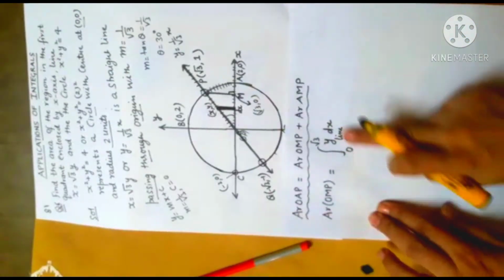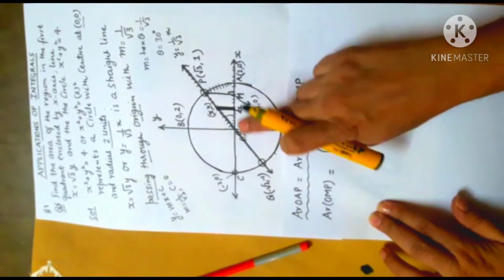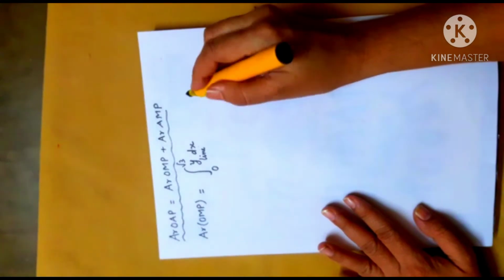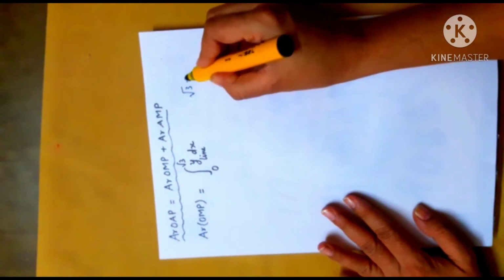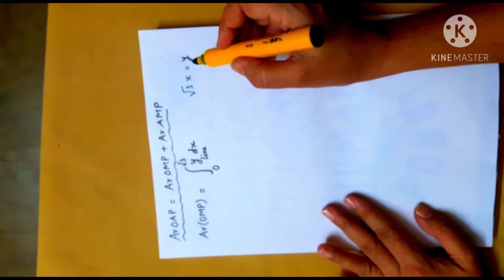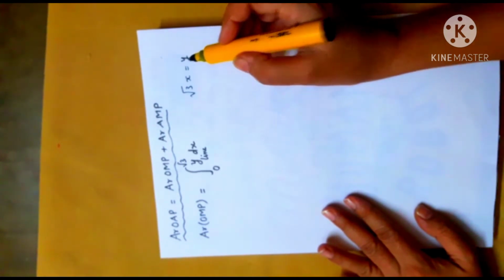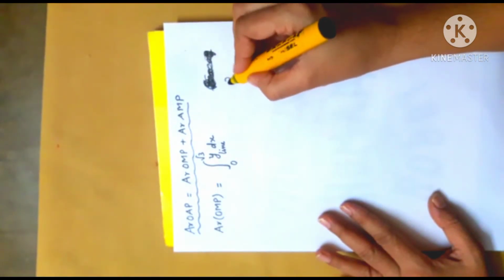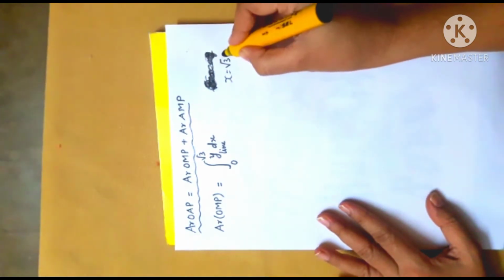Right? So this will give you the area of the region OMP. Now, equation of the line is x equals root 3y.